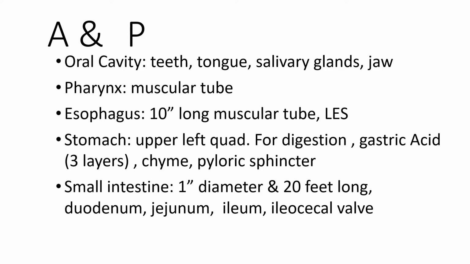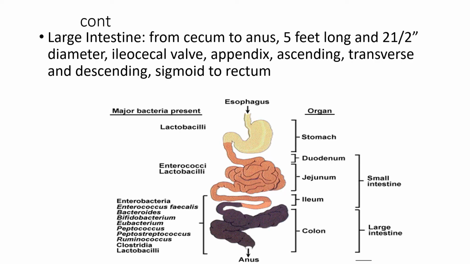The small intestine is a 1-inch diameter. It's about 20 feet long. It includes the duodenum, the jejunum, the ileum, the ileocecal valve. The large intestine continues from the cecum to the anus. It's about 5 foot long and 2 1/2-inch diameter. Again, at the bottom of it is a valve, the ileocecal valve, the appendix, the ascending, transverse, descending, sigmoid, rectum.